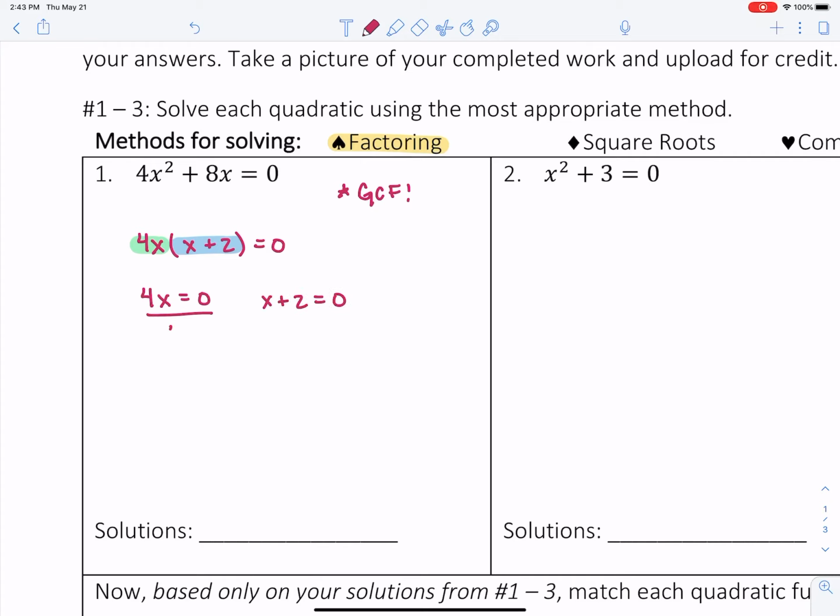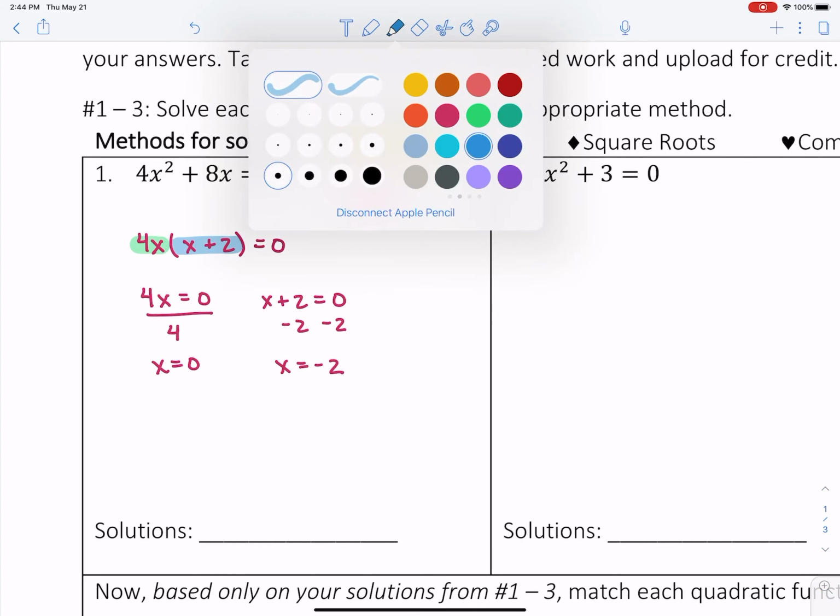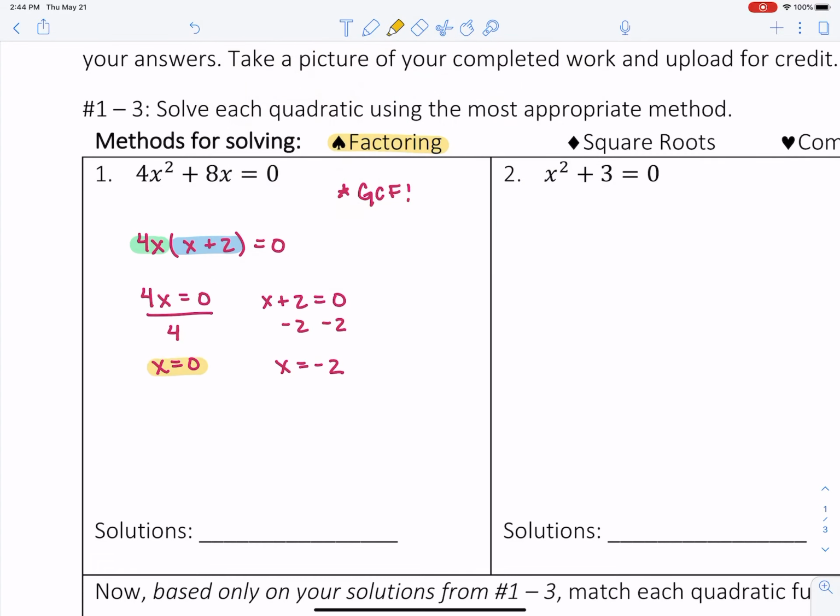I'm going to take my first one and divide by 4, meaning that x is equal to 0. Subtract 2 on both sides, and x is equal to negative 2. So these are my two solutions. We have x is equal to 0, and x is equal to negative 2.